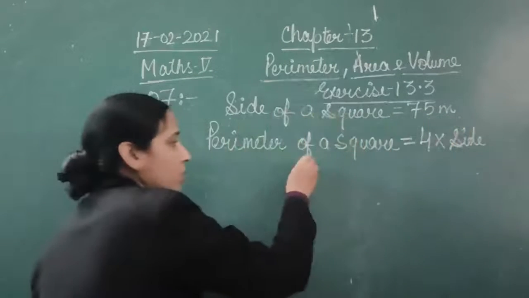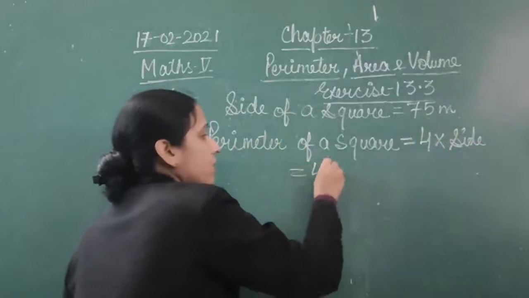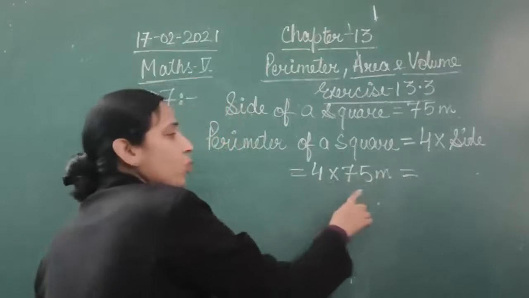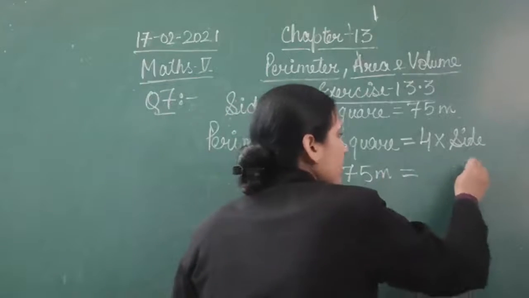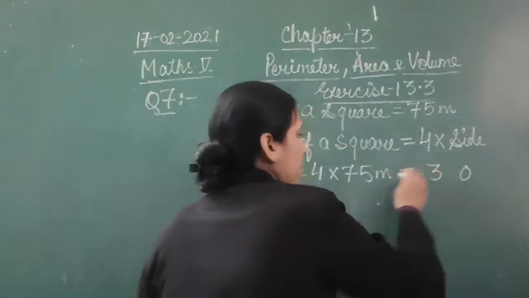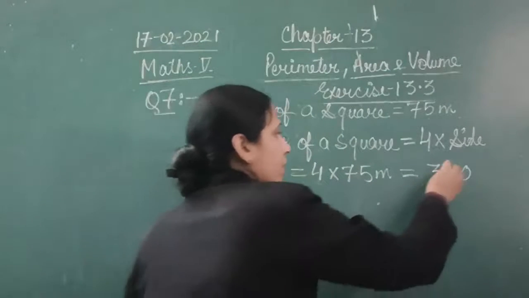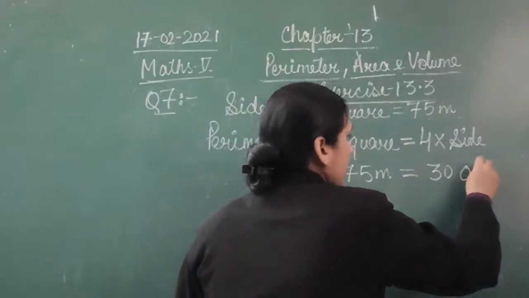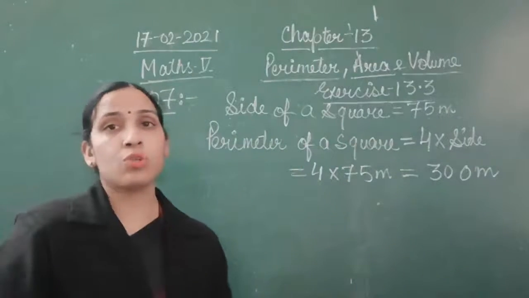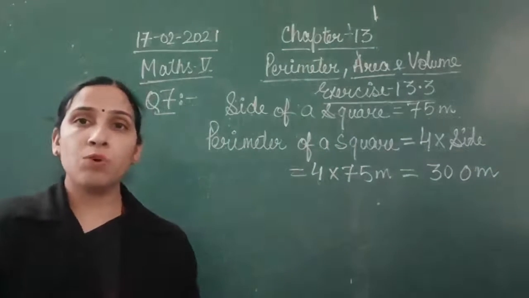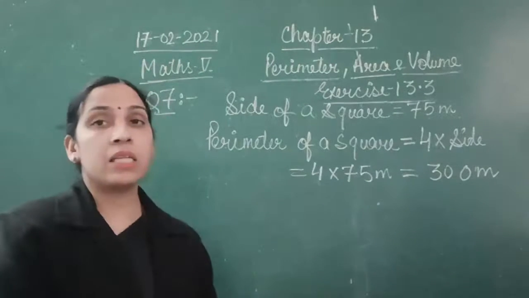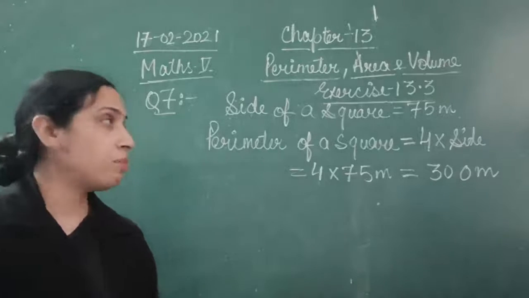It means here 4 will be multiplied by 75 meter. 4 5s are 20, 0, carry 2, 4 7s are 28, 29, 30. 300 meter. That will become the perimeter of the square. 4 into side means 4 multiplied by 75 meter, and the answer will be 300 meter.